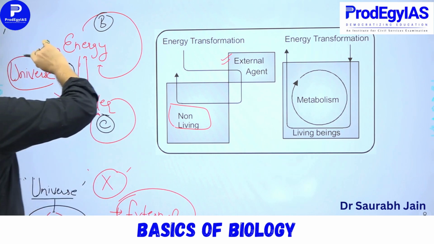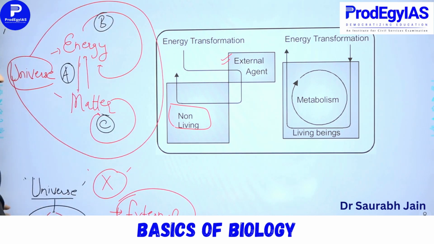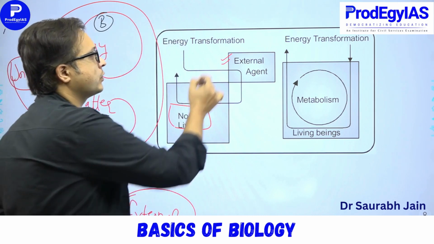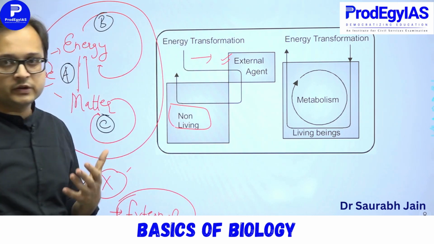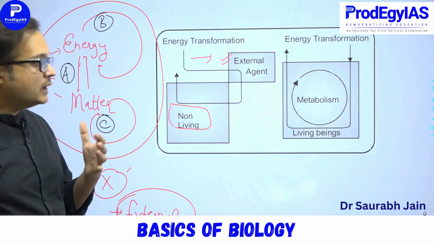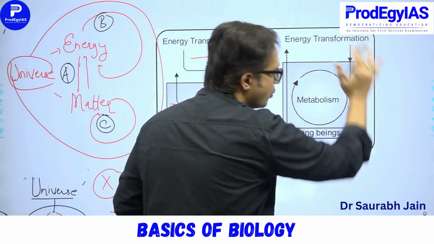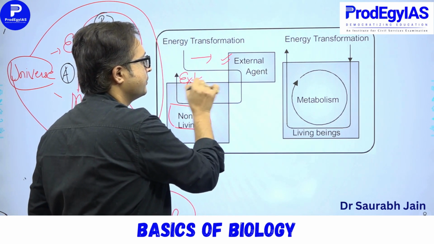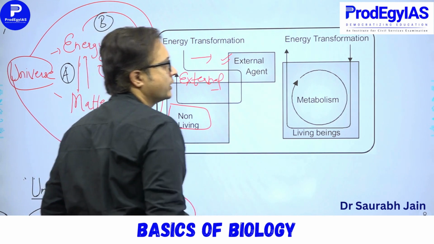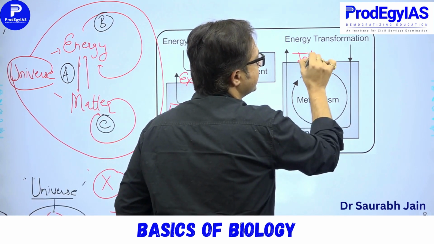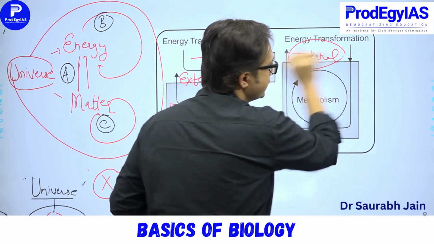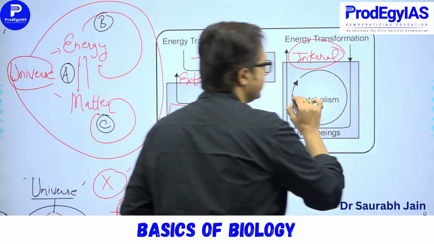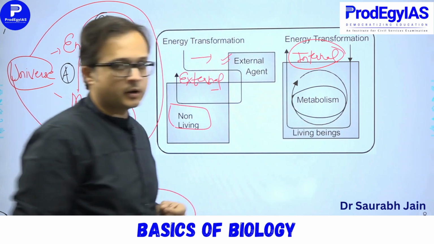All of this is the basic process of the universe, and non-living beings always require an external aid to perform these tasks, whereas living beings have their own integral aspects. They have an internal process of doing this. And how do they perform all these tasks? Due to the very basic concept of metabolism.